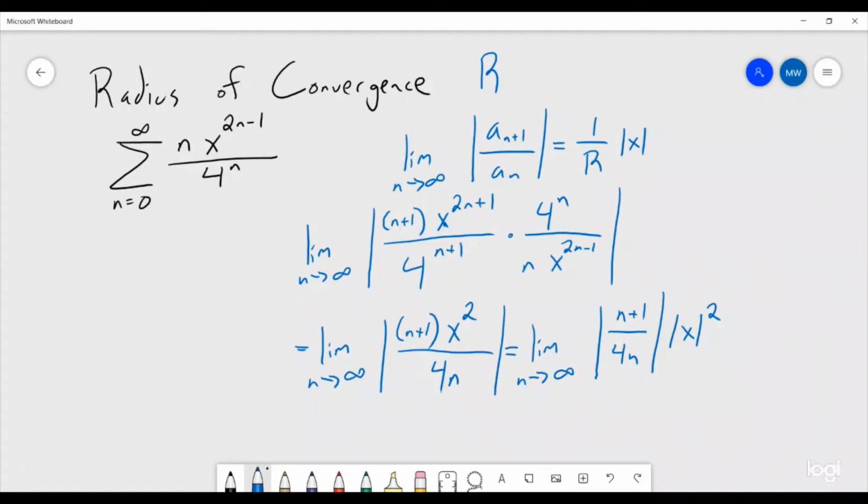And so we end up getting a 1/4 absolute value of x squared. So that tells us that our radius of convergence is going to be 4. So r equals 4.